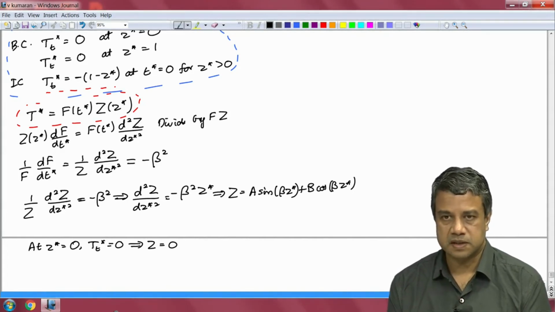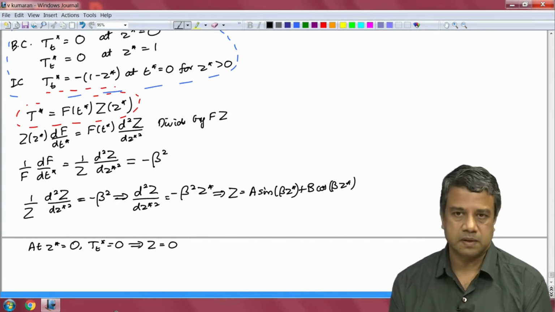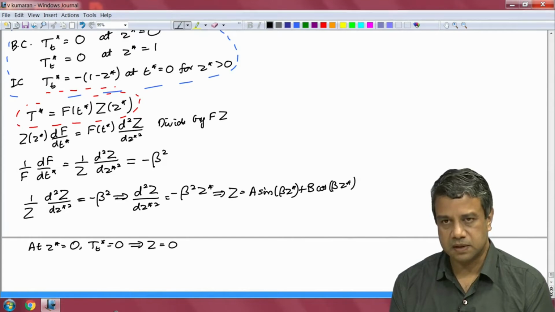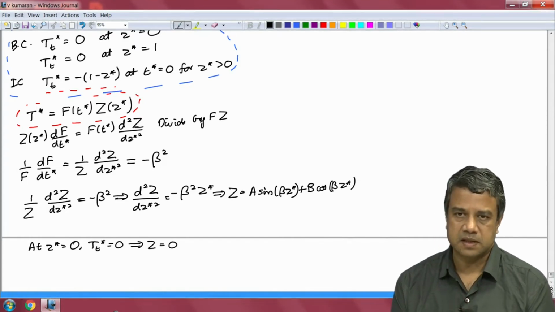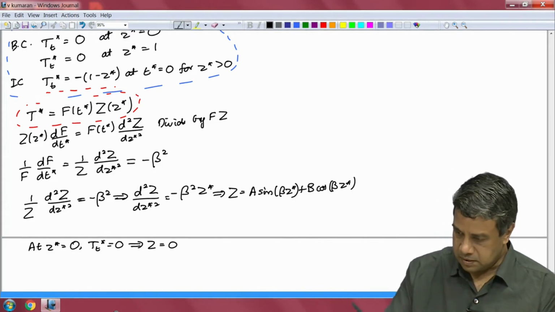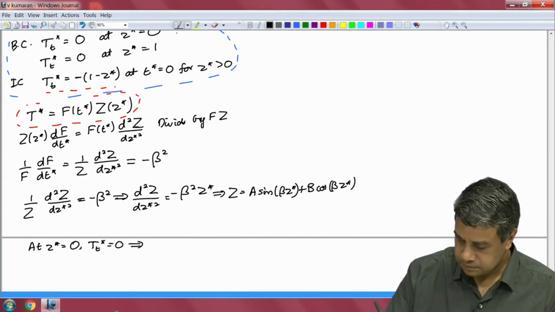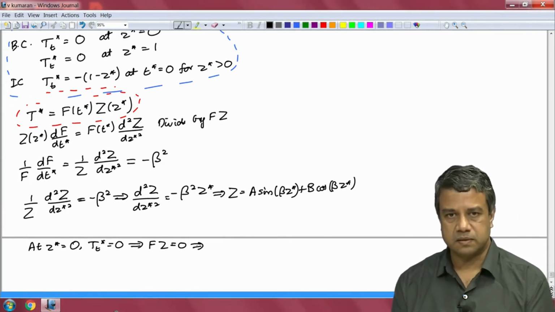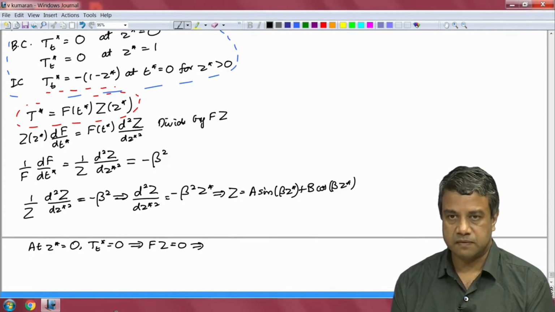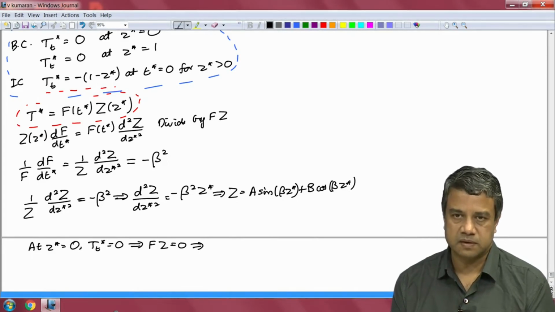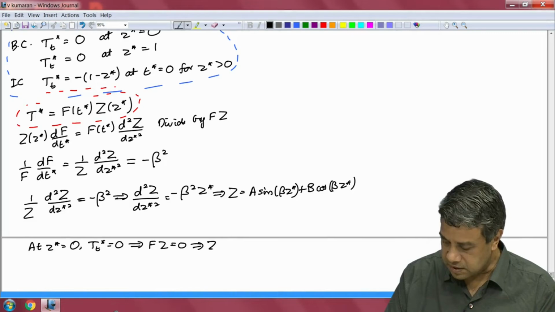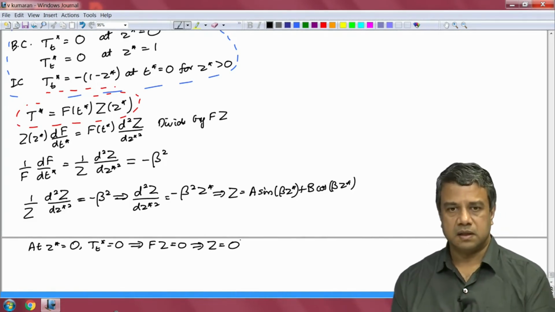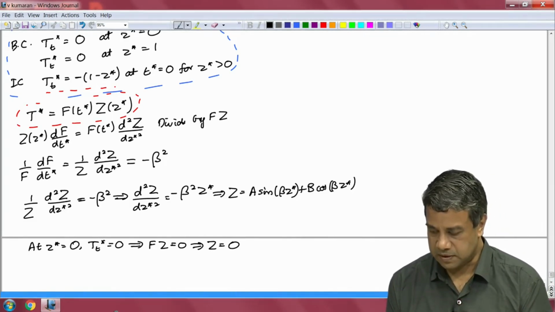The spatial part is contained in z, and therefore, the boundary condition has to be satisfied by the spatial part. If f was 0, then the solution would be 0 for all time. So, f cannot be 0, and that implies that z is equal to 0 at the bottom surface.